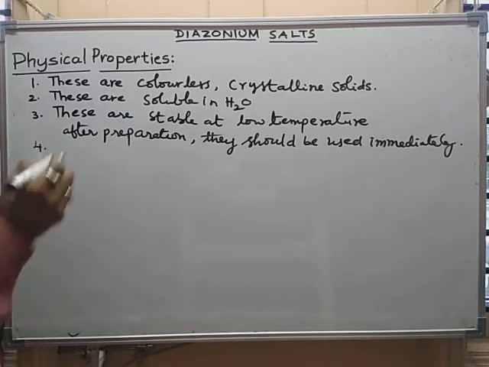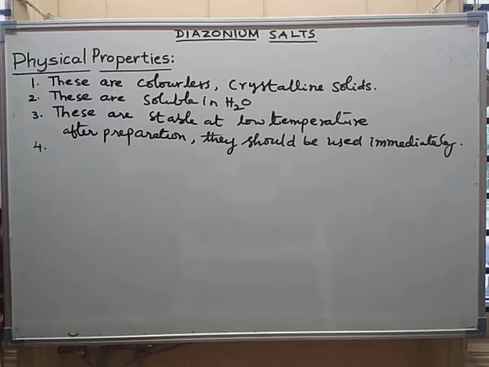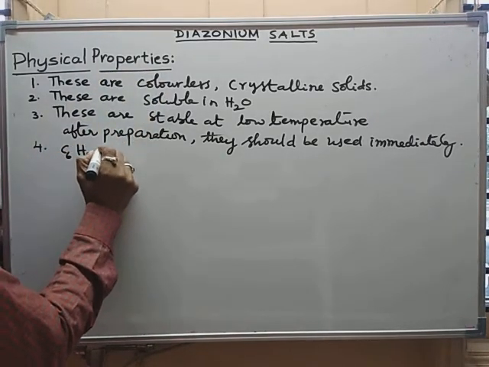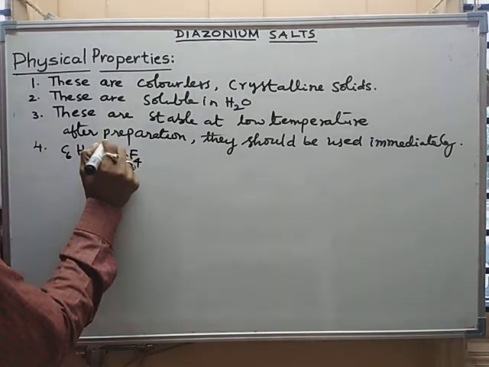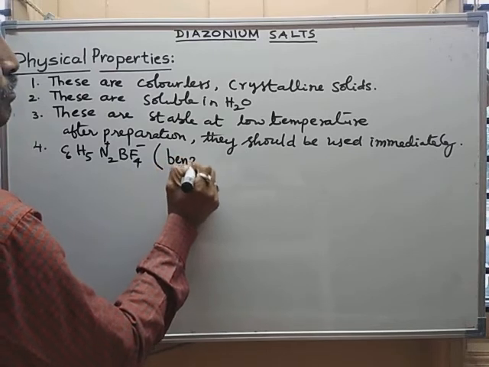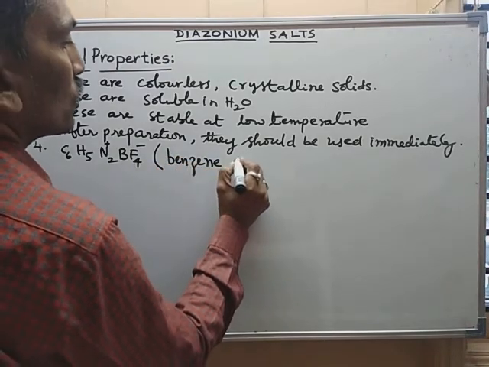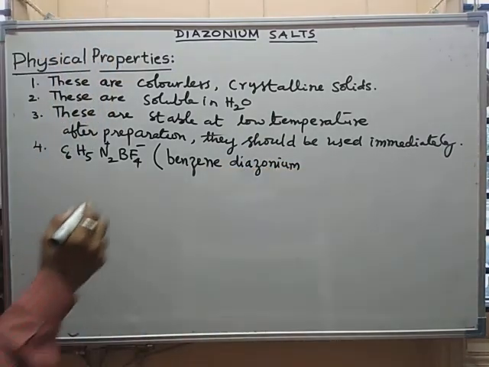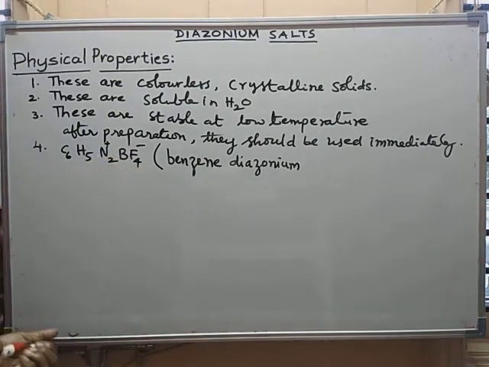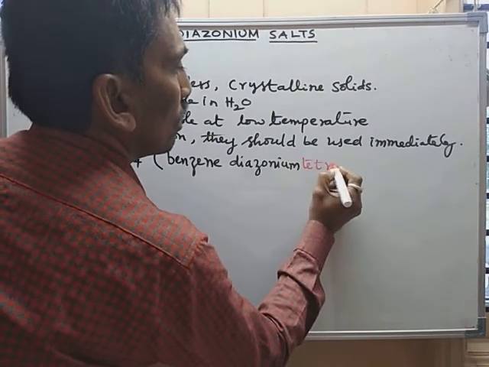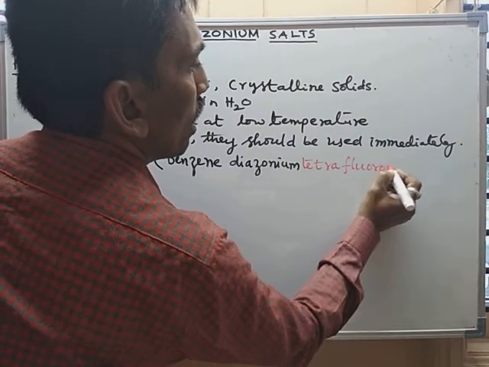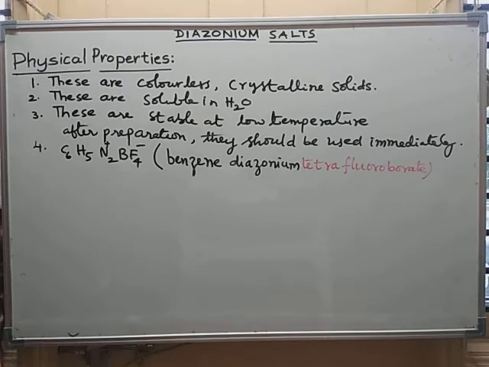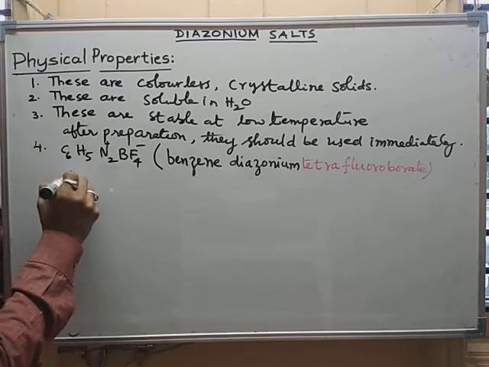Next one is, what about BF4 species present in diazonium group, that is C6H5N2BF4 is a salt, that is benzene diazonium tetrafluoroborate, a salt which is insoluble in water.